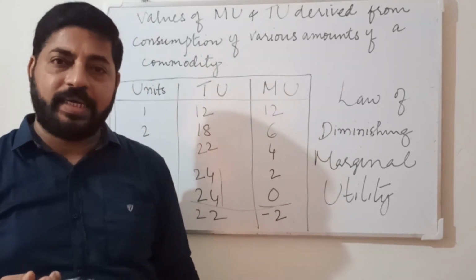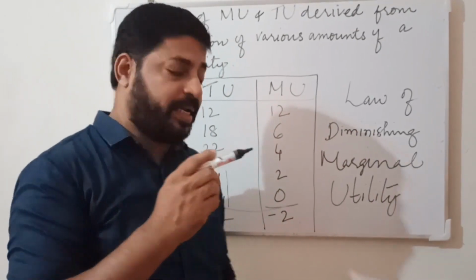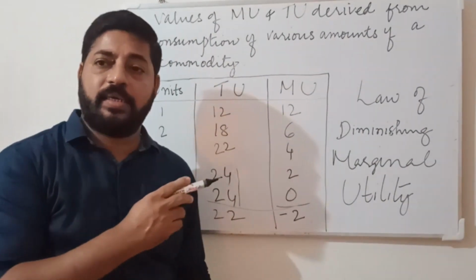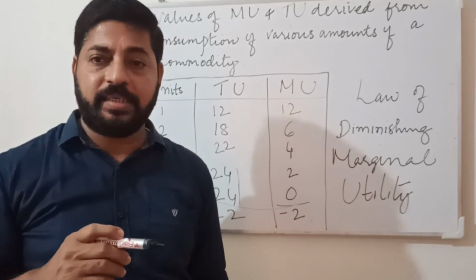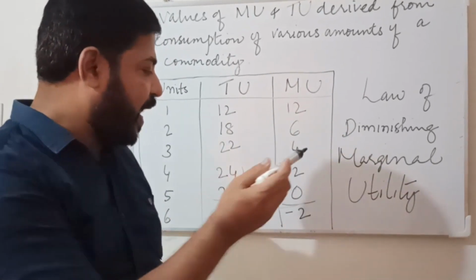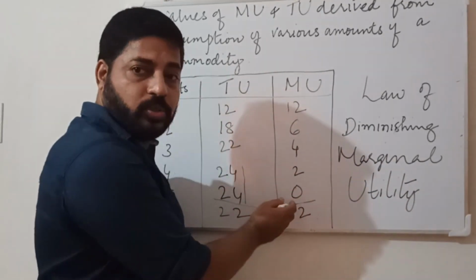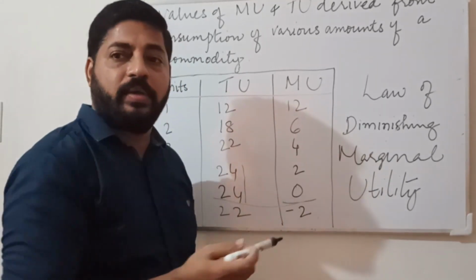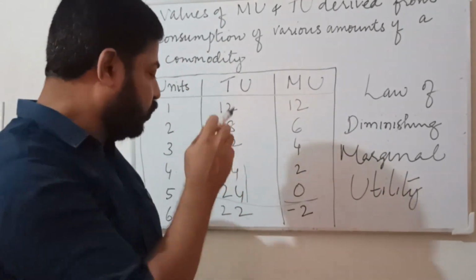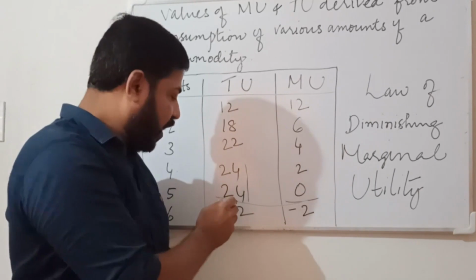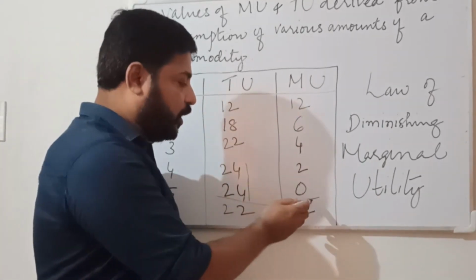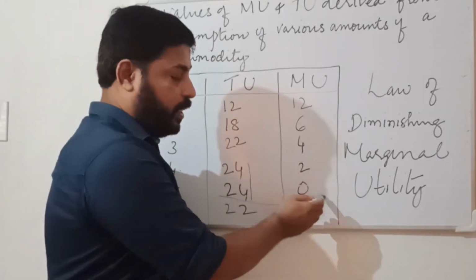Total utility does not change at the 5th unit of consumption and therefore marginal utility is equal to 0. Thereafter, total utility starts falling and marginal utility becomes negative.